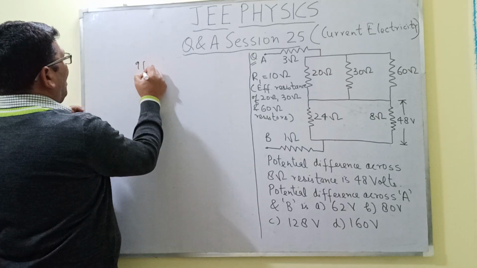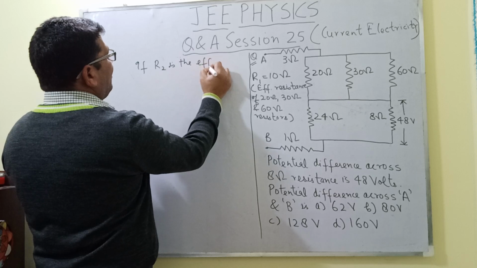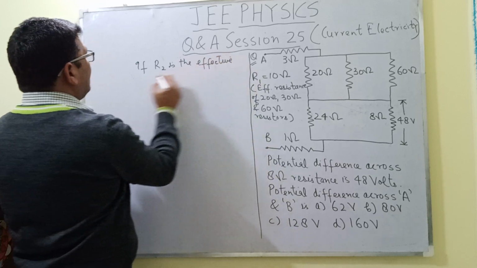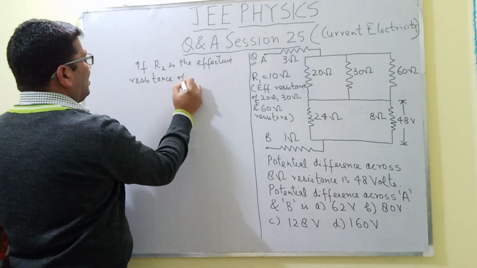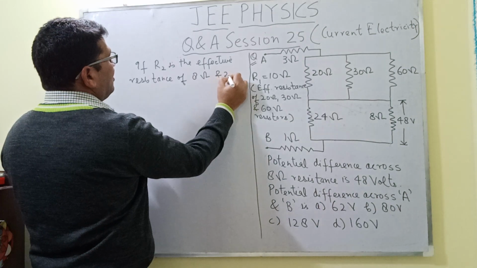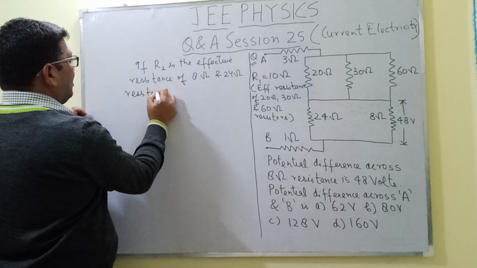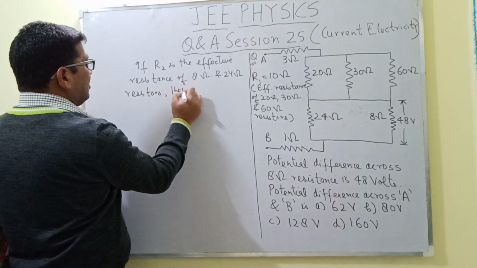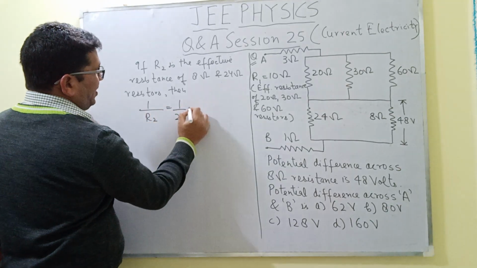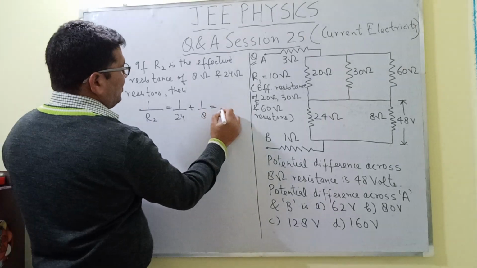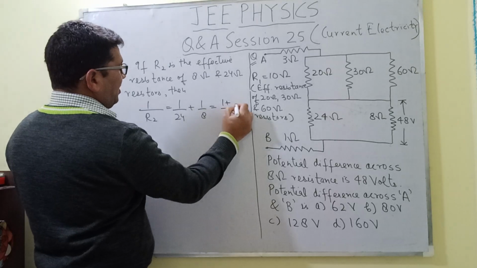So if R2 is the effective resistance of 8 ohm and 24 ohm resistors, then 1 by R2 will be equal to 1 by 24 plus 1 by 8, which is equal to, 24 is the LCM, so this will be equal to 1 plus 3.